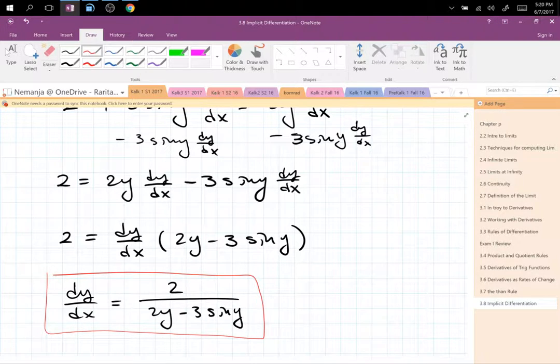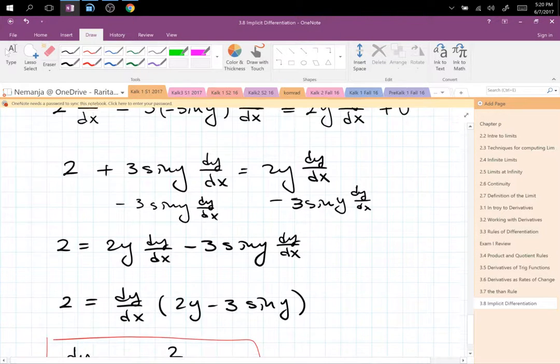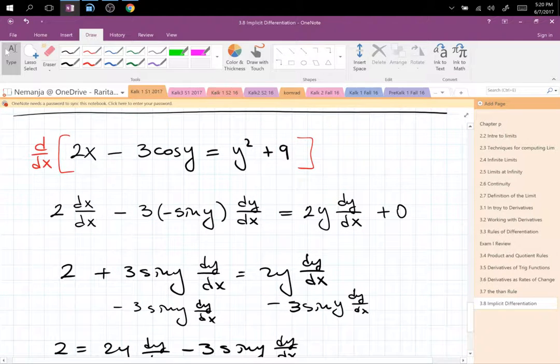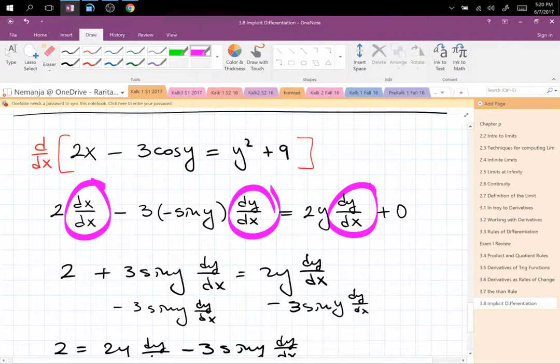If you understand the concept, if you understand that you are taking the derivative term-wise, and that you have these every time you take the derivative, because that says I took the derivative of x in respect to x, I took the derivative of y in respect to y, because you will either be taking the derivative of x or y. You can't be taking the derivative of both of them at the same time.